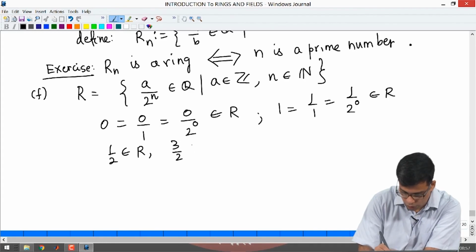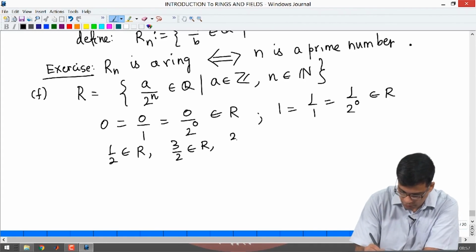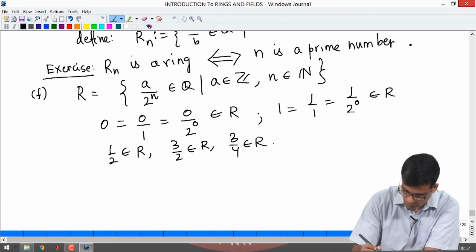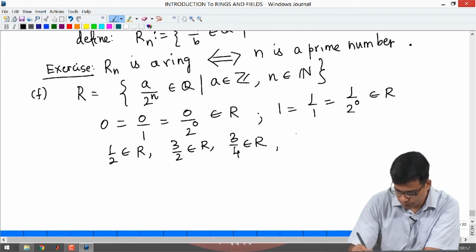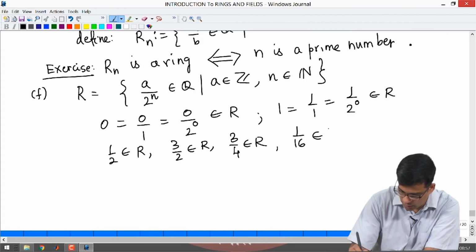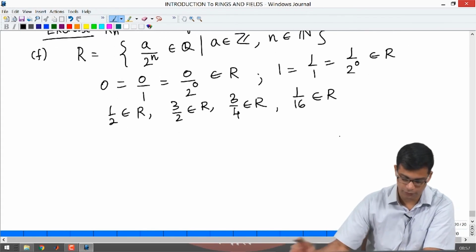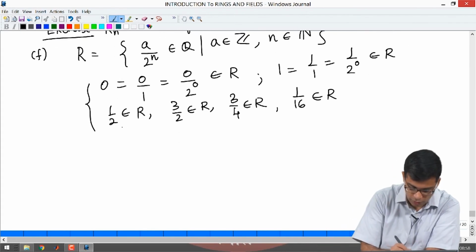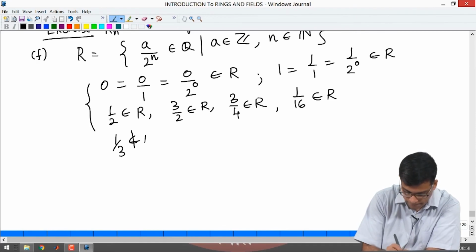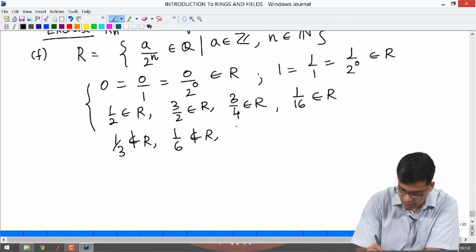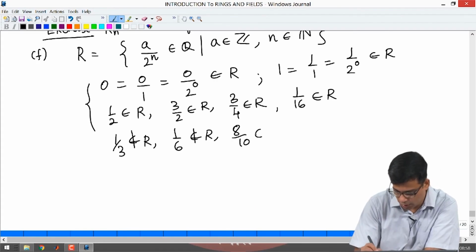3 by 2 is also in R, 3 by 4 is in R, and 1 by 16 is in R. So, these are all elements of R. On the other hand, 1 by 3 is not in R, 1 by 6 is not in R, 8 by 10 is not in R, and so on.